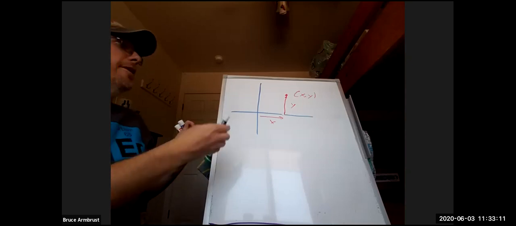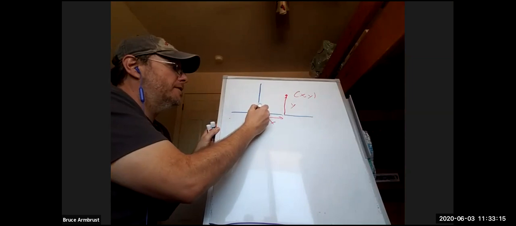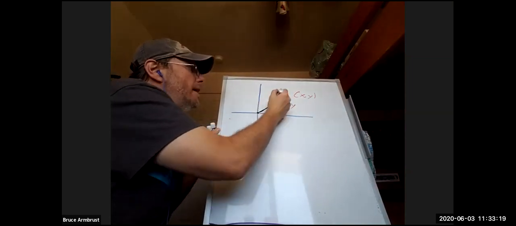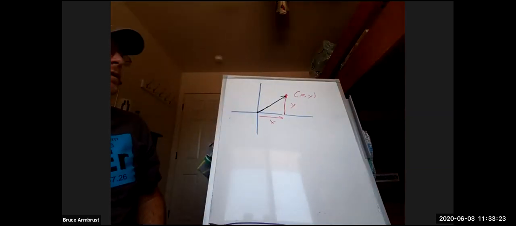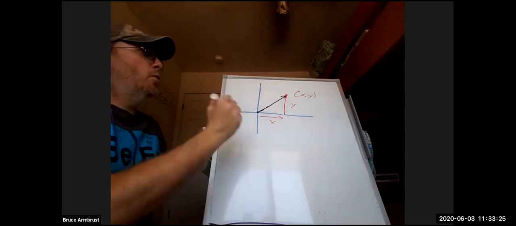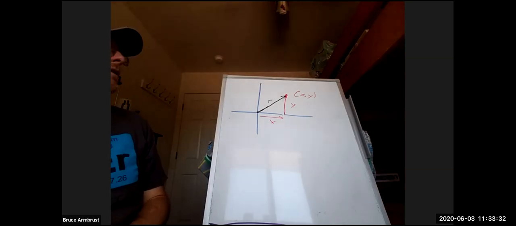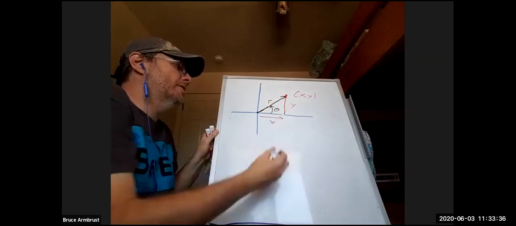Well, now our thought process is, instead of this left and right, let's just say starting at the origin, I tell you what direction to go, and I tell you how far away it happens to be. So what I'm interested in here is this distance that I'm going to call r, and then this angle, because remember, angles really do give you an idea of direction, tells you which direction to head.